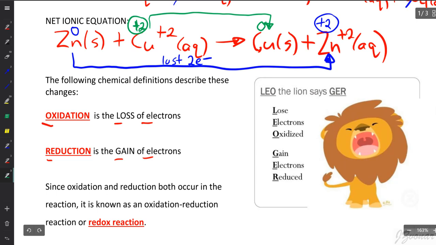So it's gone from +2 to 0, which means there is a gain of 2 electrons. The gain of 2 electrons is my reduction, and the loss of 2 electrons represents my oxidation. So hence you can't have one reaction without the other.